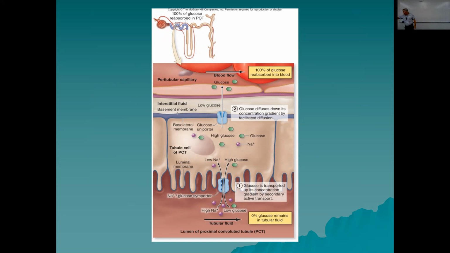And then glucose is transported across the basolateral membrane by facilitated diffusion. And there are sodium-potassium pumps in the basolateral membrane to pump sodium out and pump potassium in to maintain that sodium concentration gradient so we can continue to do that. So 100% of glucose is reabsorbed into the blood.